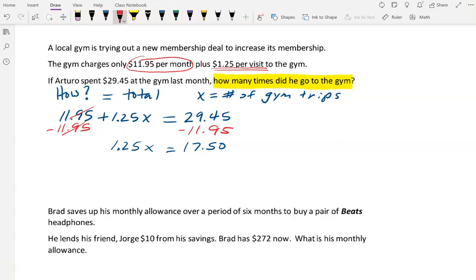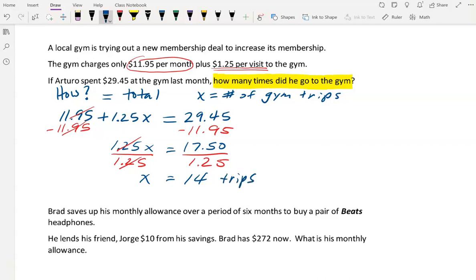All right, our next step now is we have to isolate the variable x, so we're going to divide both sides by $1.25. When we do that, this $1.25 and that $1.25 cancel each other out. And $17.50 divided by $1.25 is 14. So according to this, 14 trips to the gym last month.